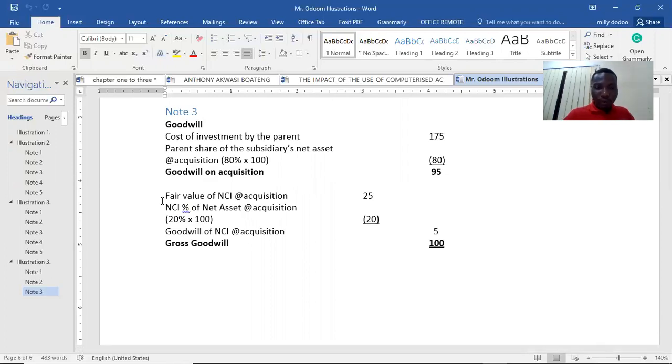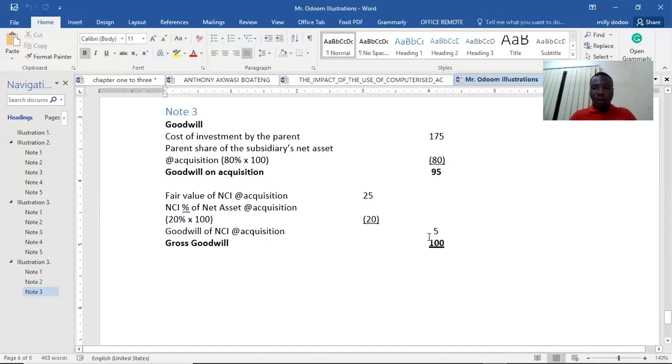So on the date of acquisition, the 20% of the business also has been valued, and we came to the realization that the value of the 20% is 25. So if you are to give the 20% to another investor right now, he will pay 25. But the value in the books is how much? It's 20 Ghana cedis. So how much will be the goodwill? 5.